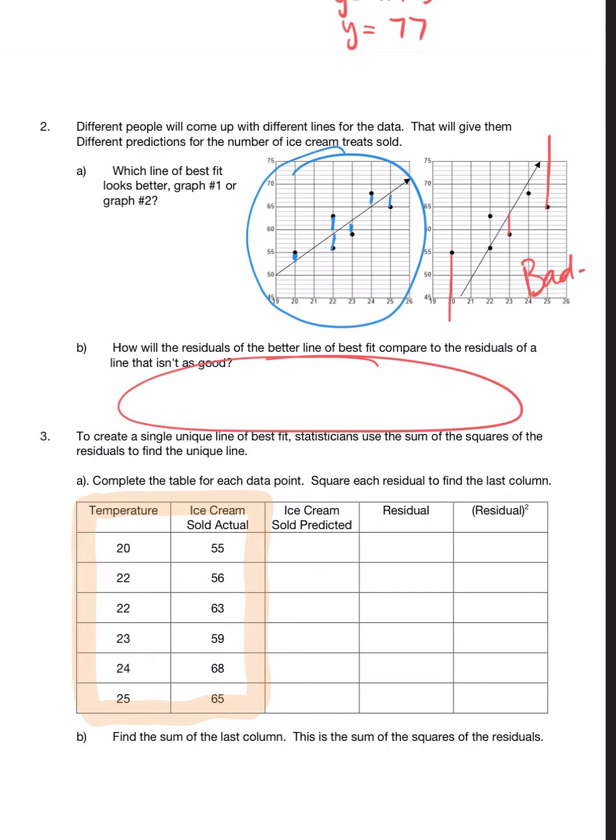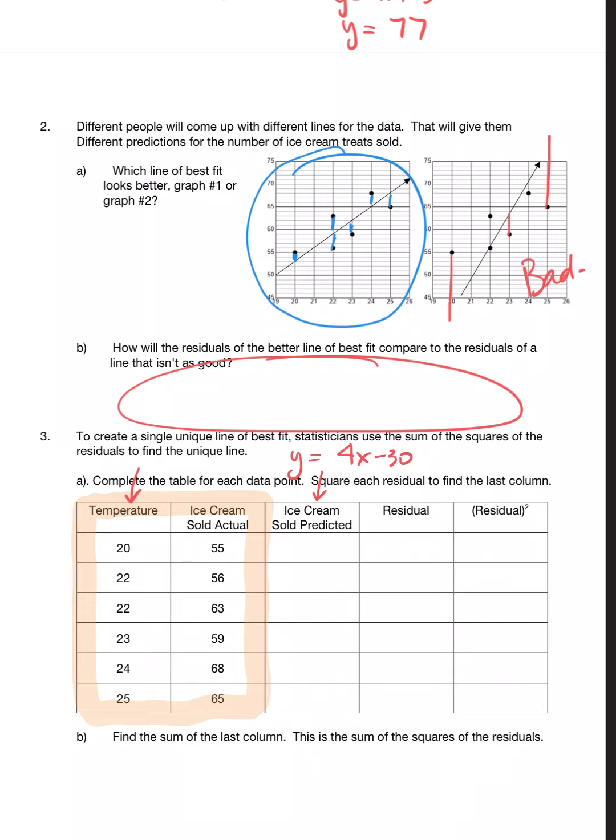What you're gonna have to do is figure out, based on our line, and if you remember, our equation of the line was y equals 4x minus 30. You are gonna have to fill in this column by plugging in these numbers.